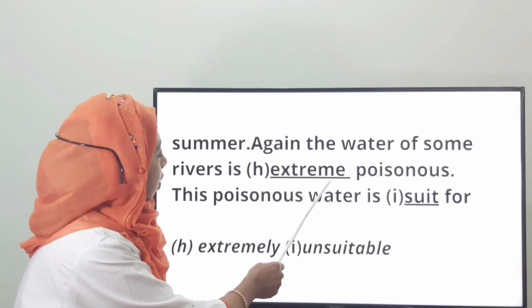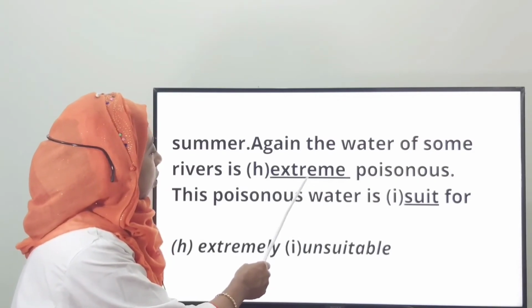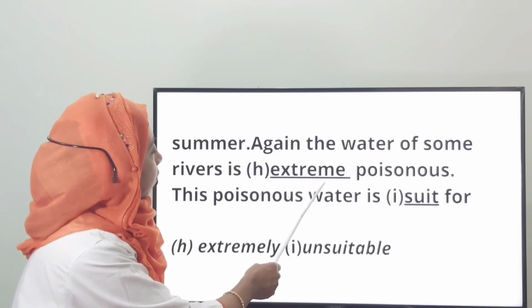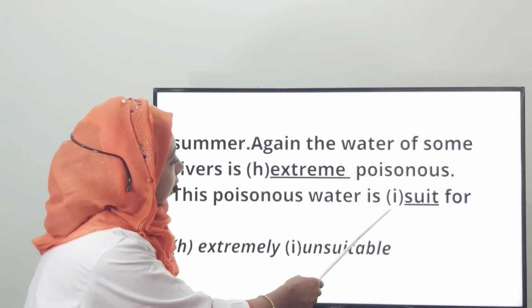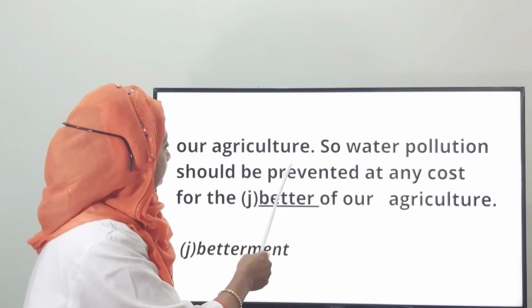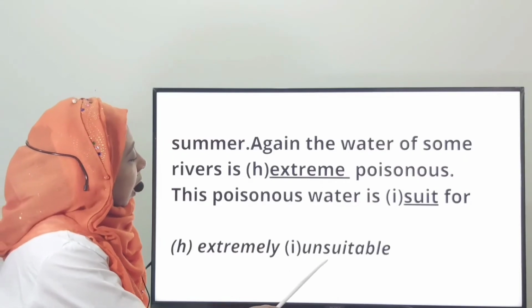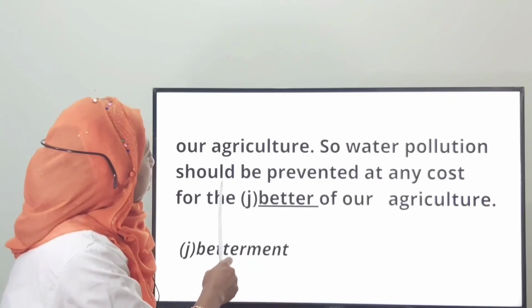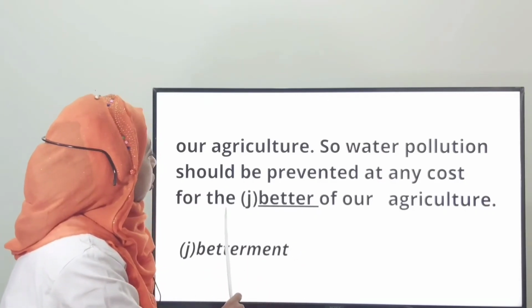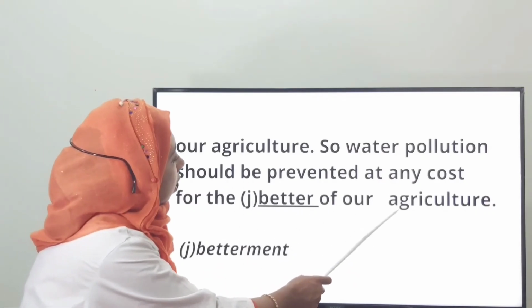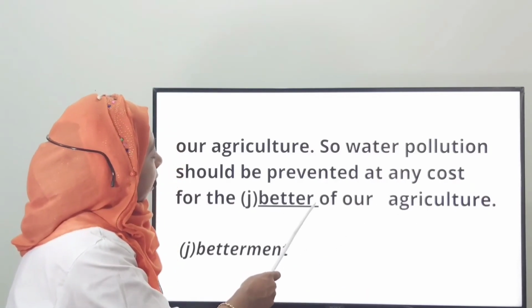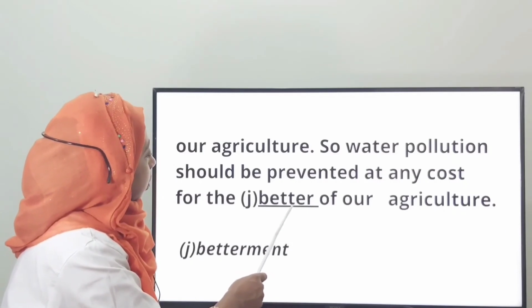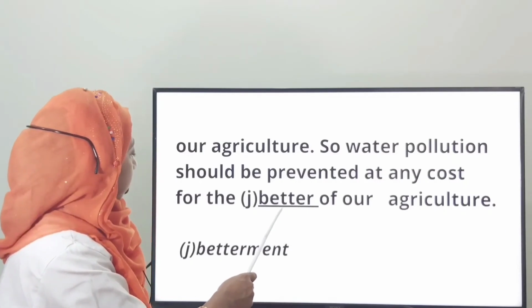So after using the suffix ly, we change the word into the adverb word extremely. This poisonous water is sweet for agriculture. The answer will be unsuitable. So water pollution should be prevented at any cost for the better of our agriculture. For the better. After that we use the suffix ment and create a new word, betterment.